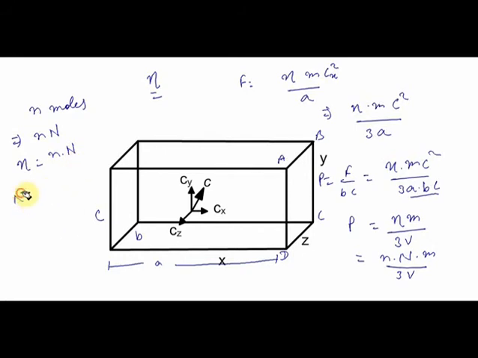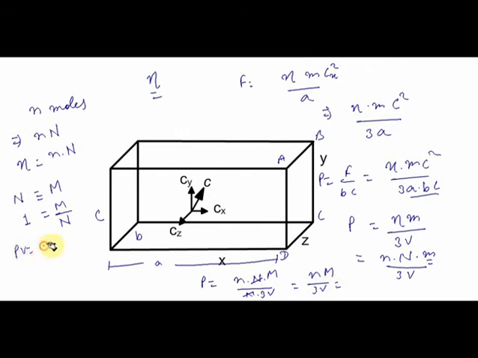We know that the mass of Avogadro number of molecules is nothing but its molecular mass, that is capital M. So the mass of one molecule would be capital M by Avogadro number, that is capital N. So we can again rewrite P is equal to n into capital N, and we can replace m with capital M by capital N, into C square by 3V. Now we can cancel out capital N. So now we are left with n into M C square by 3V.